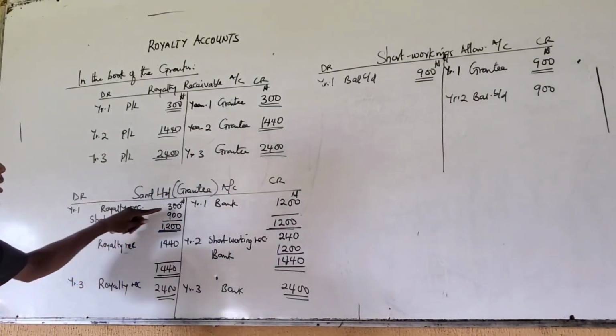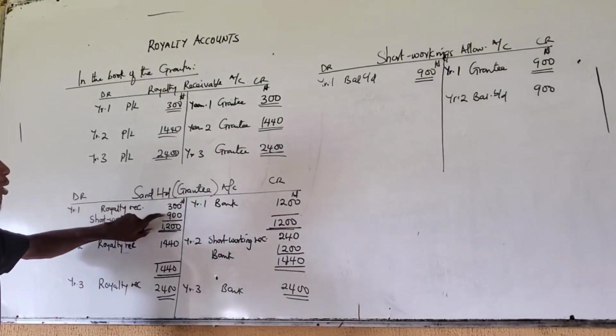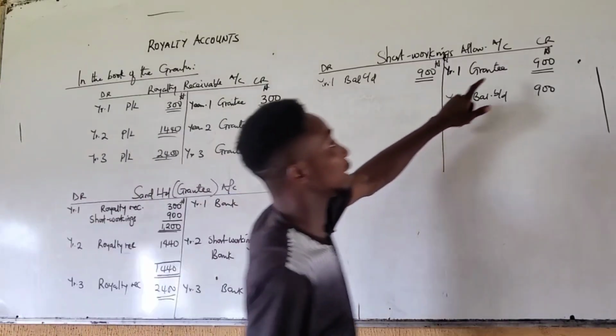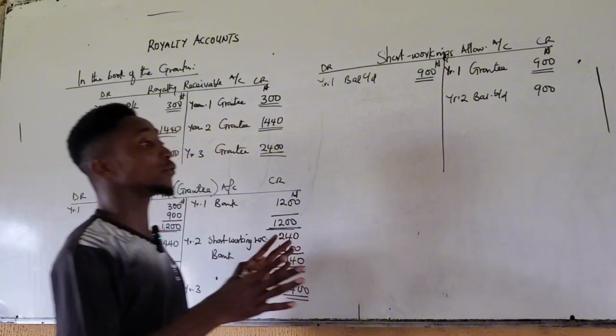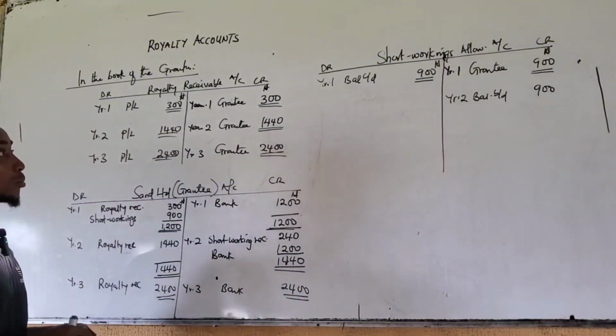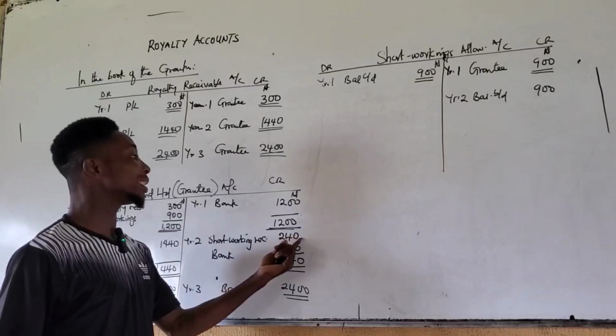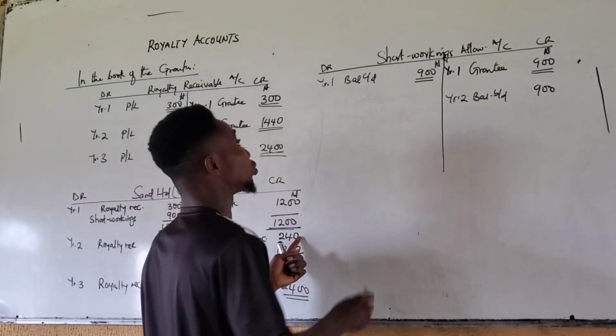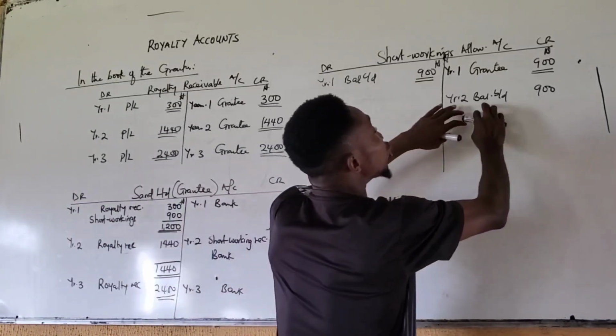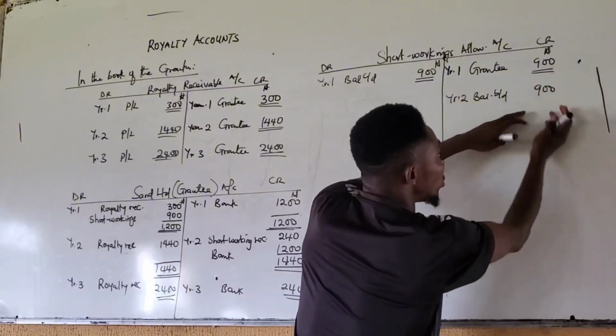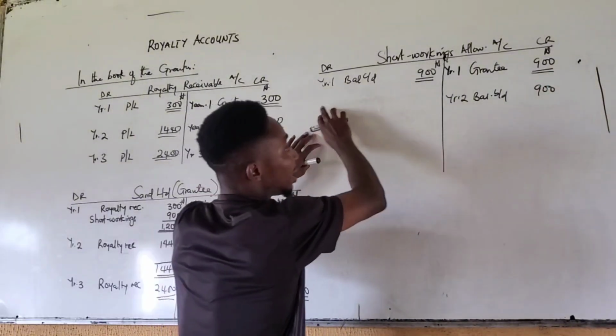If you look at the short workings here, 900, debit in the grantee's account, the corresponding has been credited to this account. So it's still on the rule of the double entry principle. So long as the short workings recovered is credited in the tenant's or the grantee's account, it will be debited here. If it is short workings, you add it up, you continue, your balance carried down, then brought down.